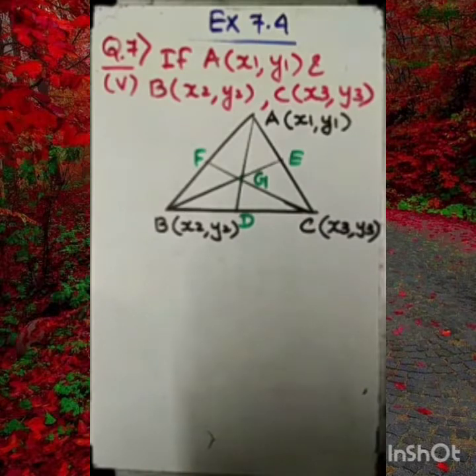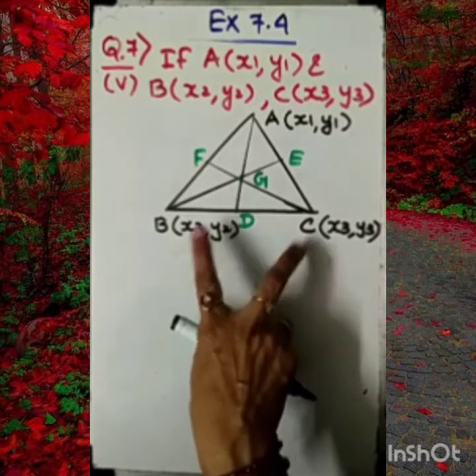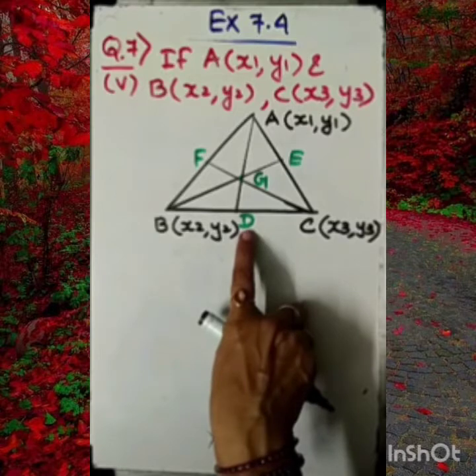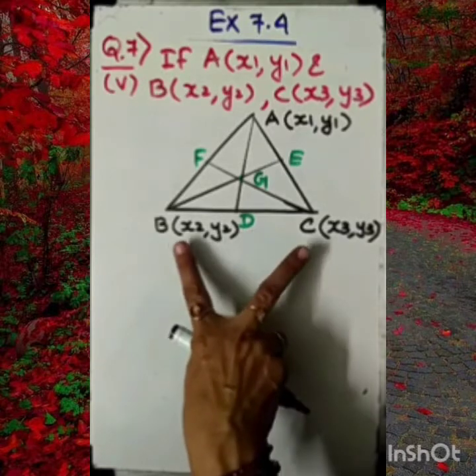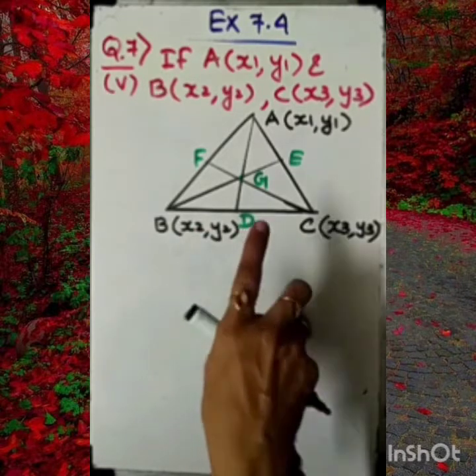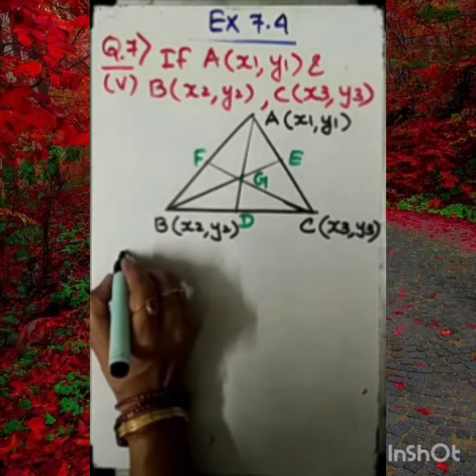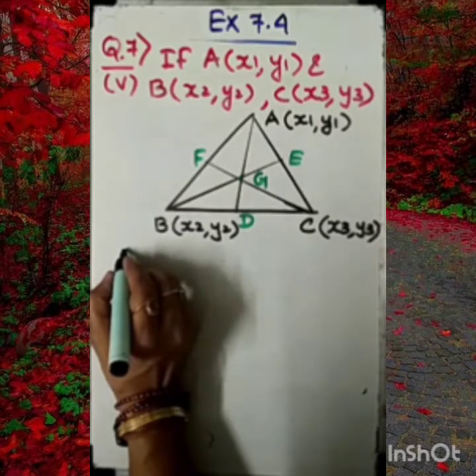First, each and every time we require to find the coordinates of D point, which is just the midpoint. As we did in the previous questions, let's apply the same technique to find the coordinates of D point.